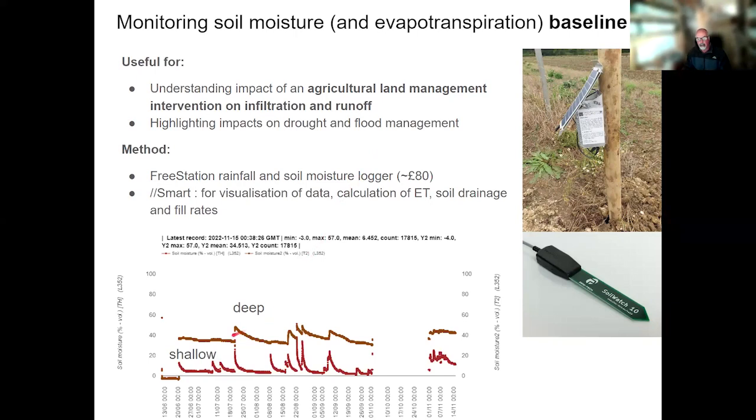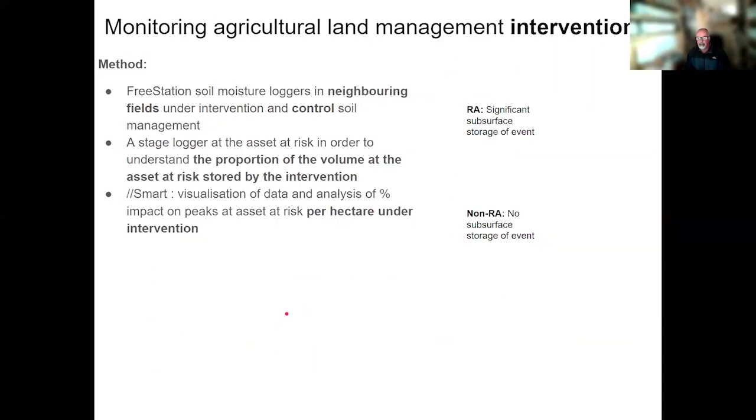And we can do that at different depths, like we see here. You can see the rainfall events leading to stronger peaks in the shallow probe than the deep probe. And that, of course, enables us to understand the storage dynamics of this field.